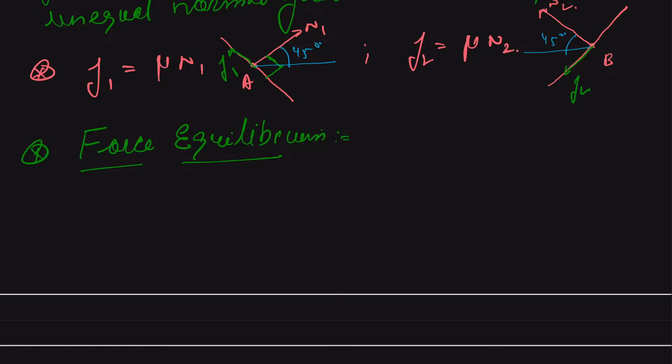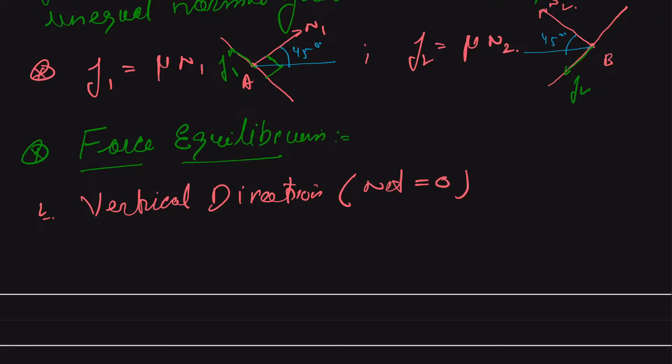For that we are going to resolve the forces in x direction as well as in y direction. So let us first take the vertical forces, or we can say in vertical direction, and the net is equal to 0.